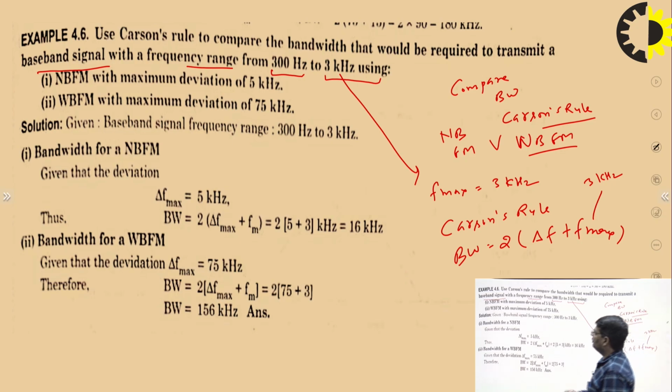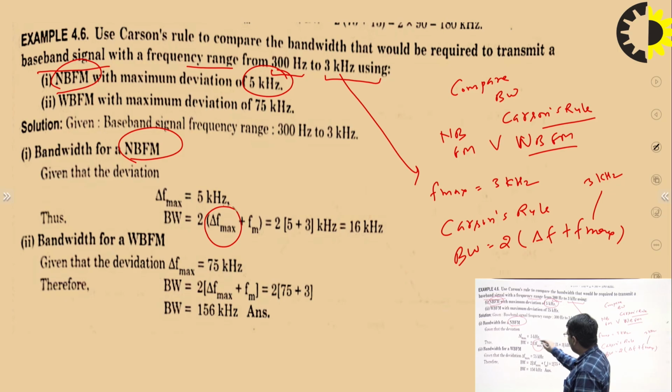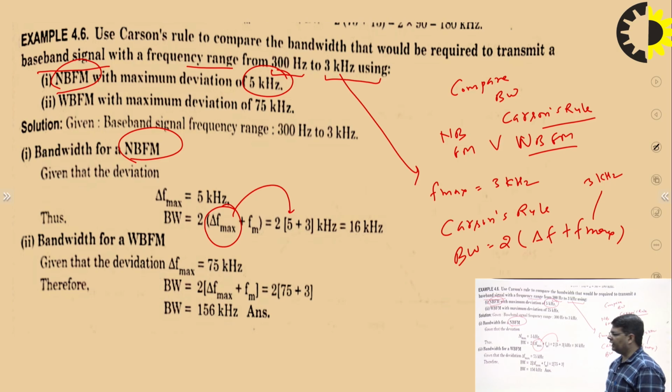Firstly, for the case of narrowband FM, the maximum deviation is 5 kHz and the f max is 3 kHz. Putting in the values, we get the bandwidth for narrowband FM as nearly 16 kHz.